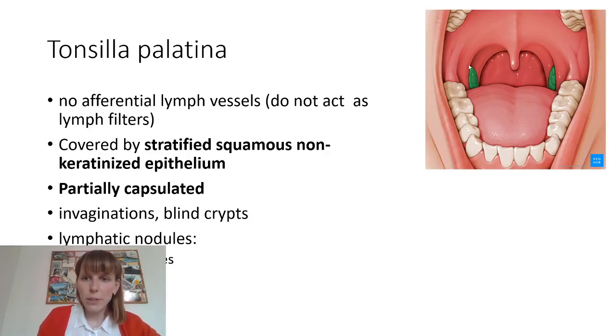So tonsilla palatina is the tonsils that you see when you open your mouth, and this is also a secondary lymphatic organ. So the thymus was primary, all the rest that we saw are secondary, and it doesn't have a capsule around the whole thing, but it's only partially capsulated.